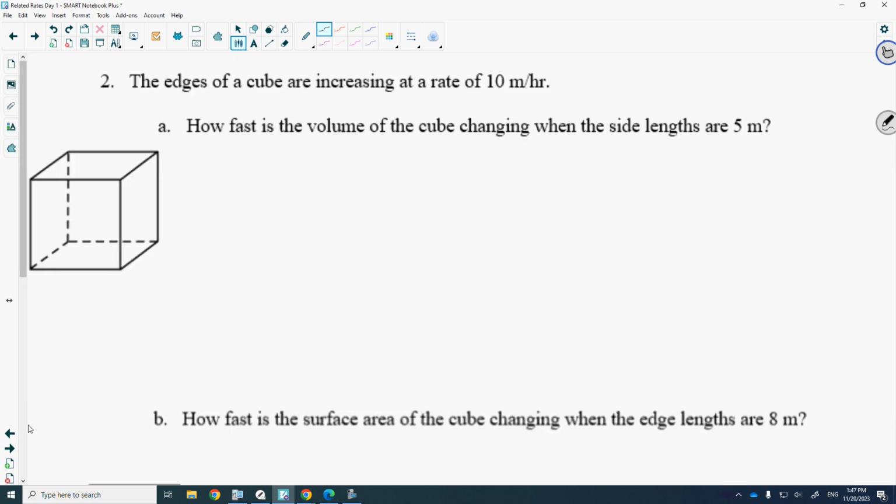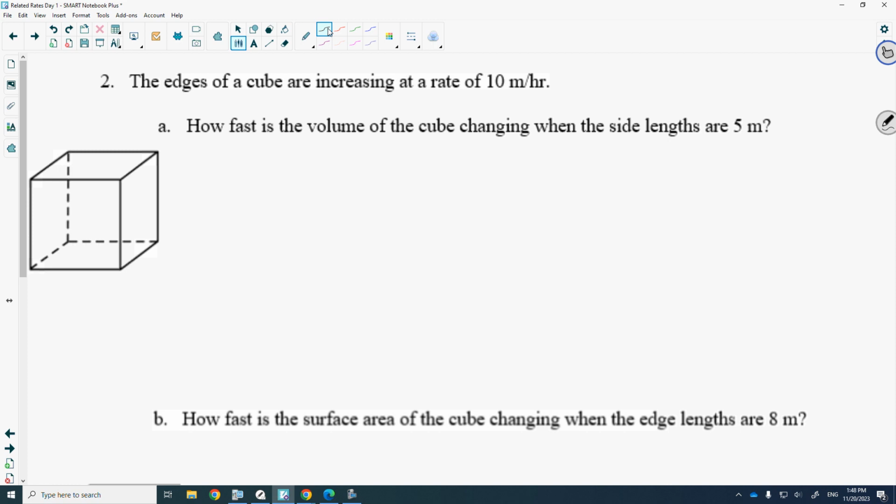Okay, let's do a volume question. The edges of a cube are increasing at a rate of 10 meters per hour. So here's what happens. We have a cube, you would draw your cube, and what are all the side lengths going to be for my cube? If it's a cube, they're all the same, right?